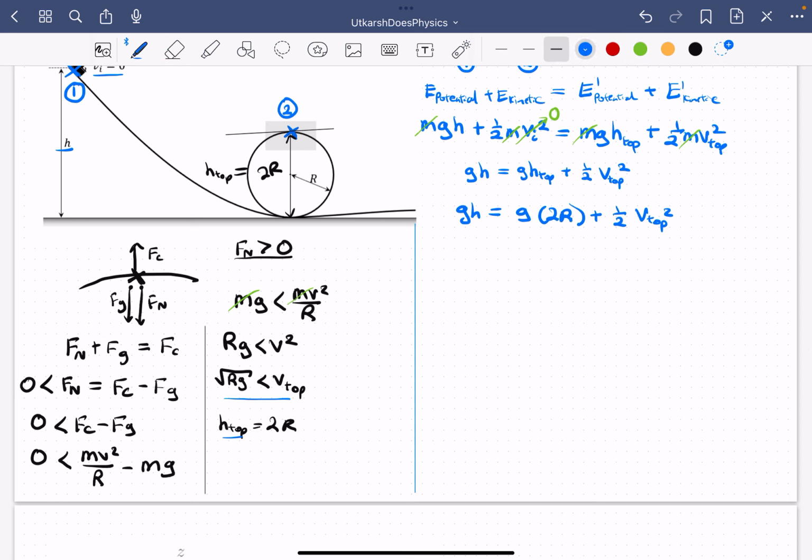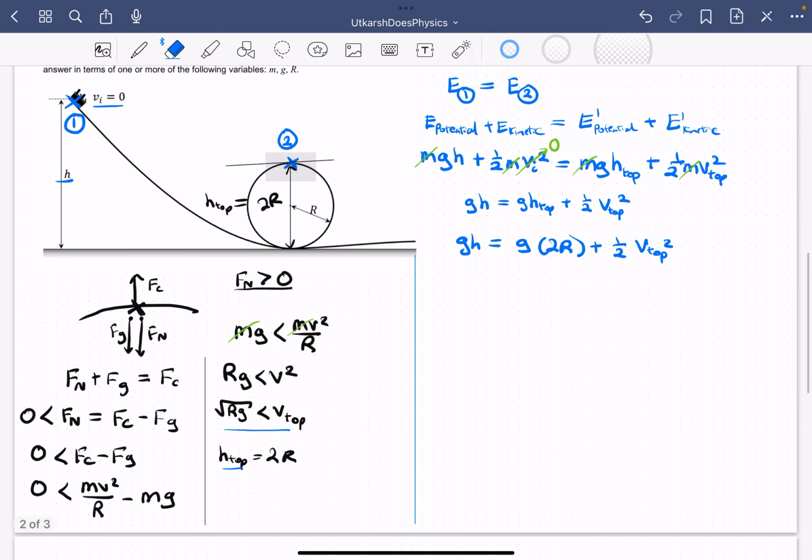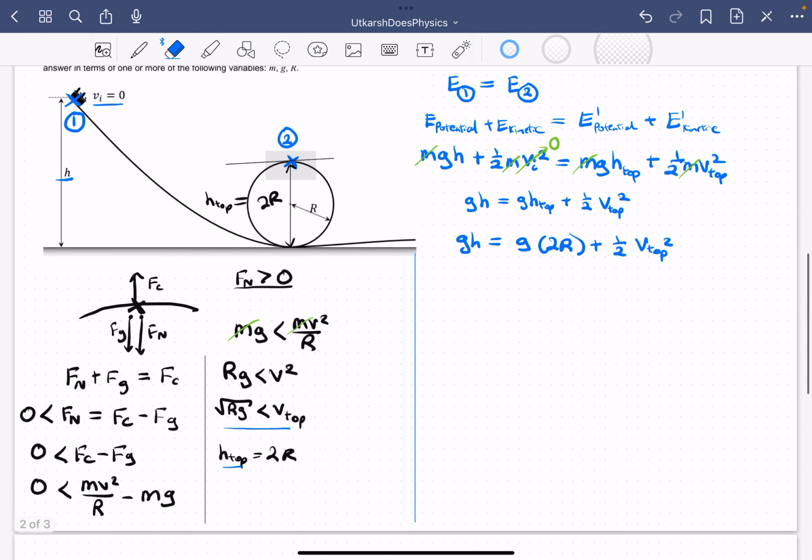So because v_top is always greater than the square root of rg, we can write this as an inequality. Actually, no, I'm just going to write it as an equality because they want the minimum initial velocity. Keep things simple. So in that case, v_top would be the square root of rg, and v_top squared is just rg.